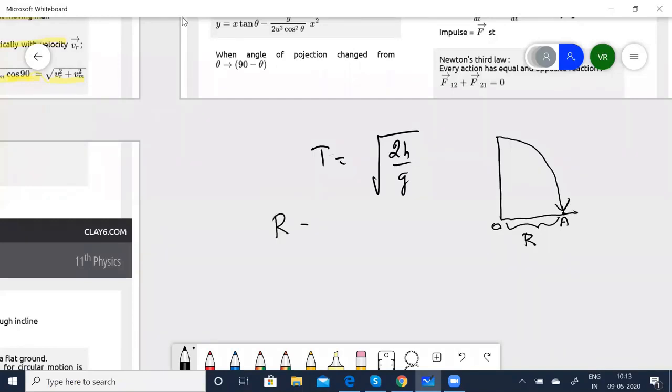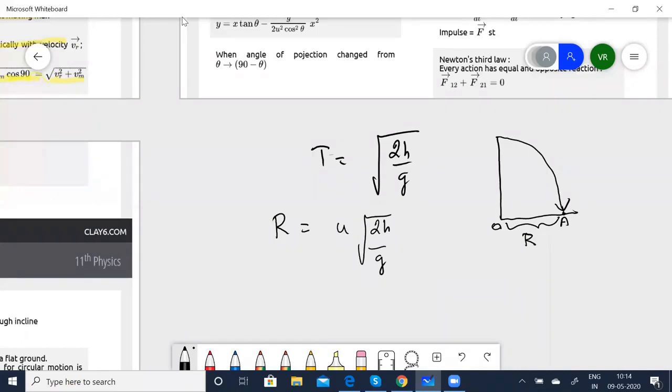The horizontal range is given by R is equal to u root of 2h by g. Remember, T is equal to root of 2h by g, where T is called the time of flight, and R is the horizontal range, which is given by u times root of 2h by g.